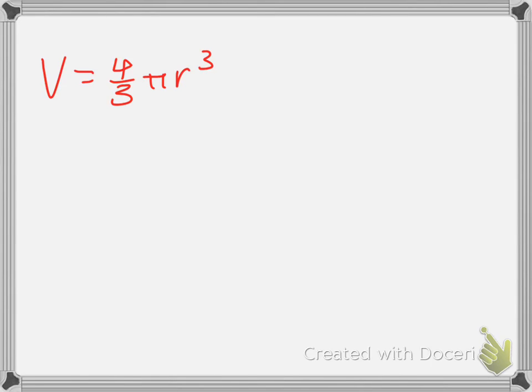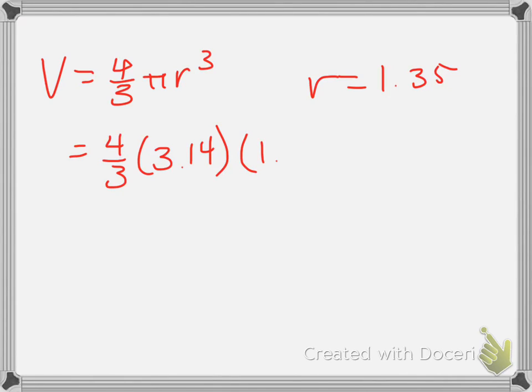We only need the radius here. So the radius we said was 1.35. So we're going to do 4/3 times 3.14 times 1.35 cubed. This will give us the volume of 1 of the tennis balls.